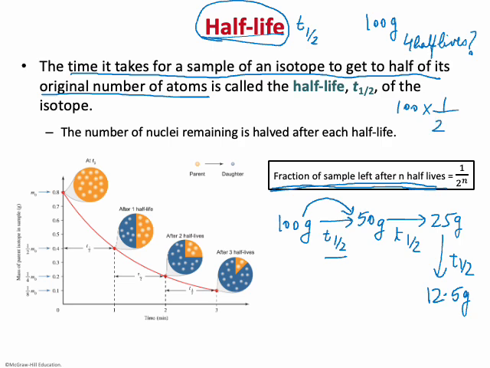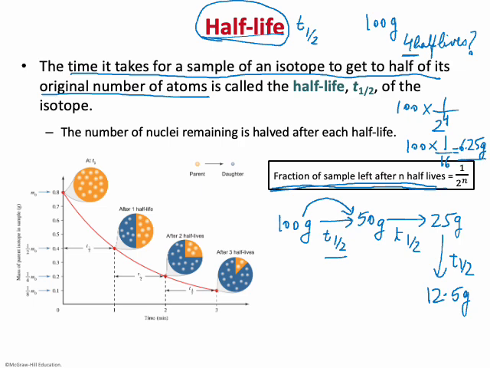And what is n? n is the number of half-lives, which is 4. So 100 divided by 2 to the power 4 essentially means 100 multiplied by 1/16, which is going to be 100 times 1/16. If you plug this in, it gives you 6.25 grams. So after 4 half-lives, 6.25 grams will be left.